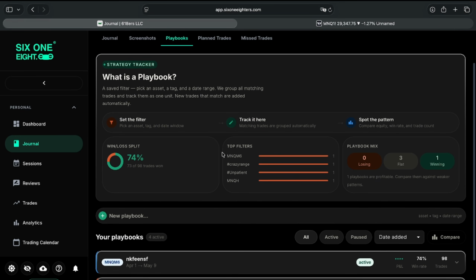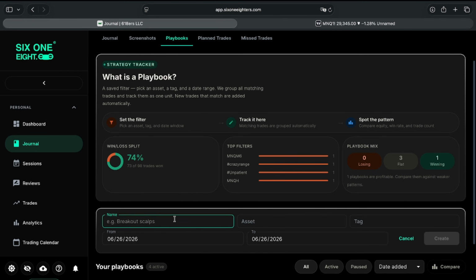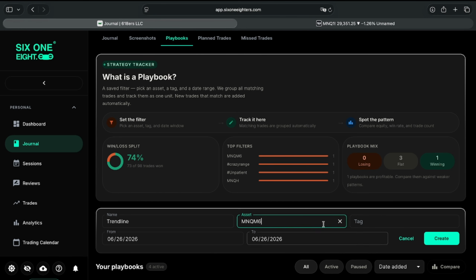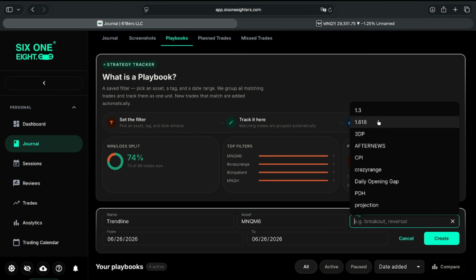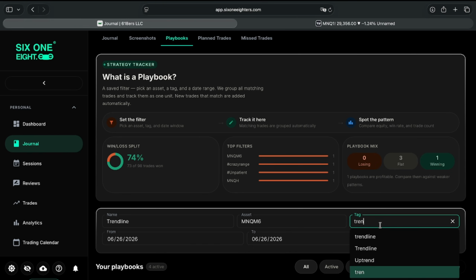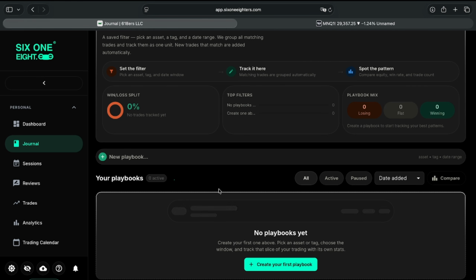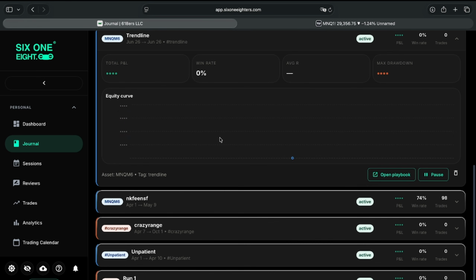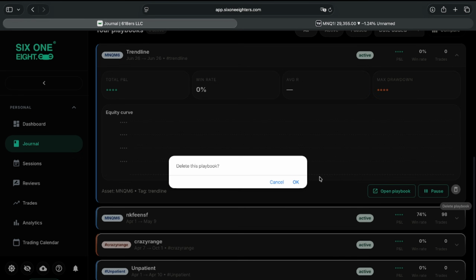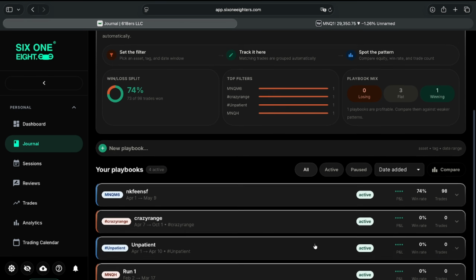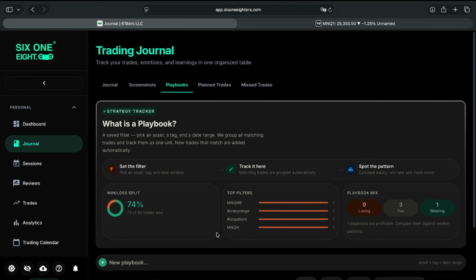Let's say I create a new playbook called trend line, on MNQ, and then I can see what my win rate actually was on this.